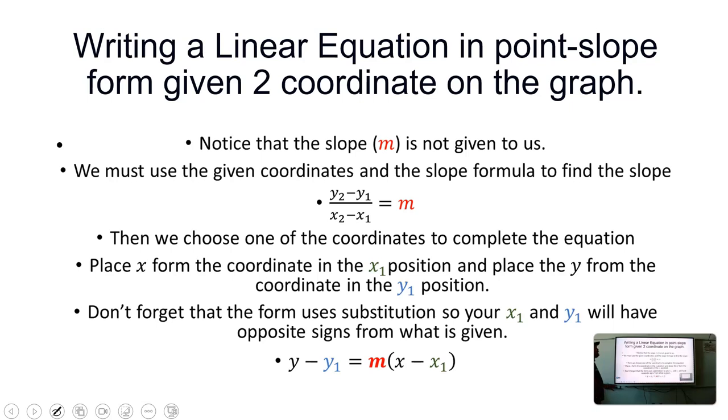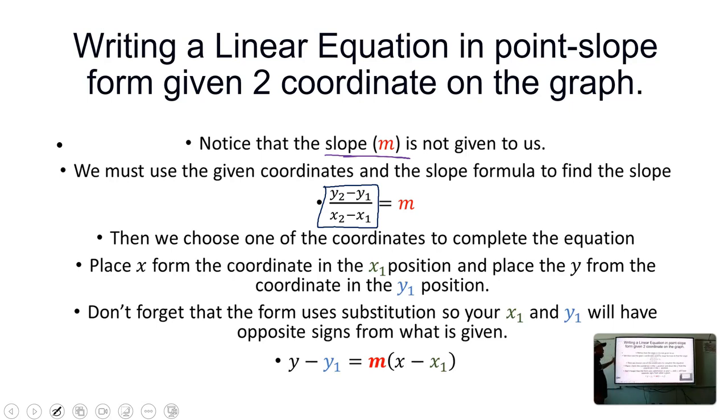All right, now what if they just give us 2 coordinates? Okay, we have to think back. Do you know how to find the slope if all we have is 2 coordinates? Hopefully you can remember, oh, I have something called the slope formula. So we can use the slope formula to find the m.